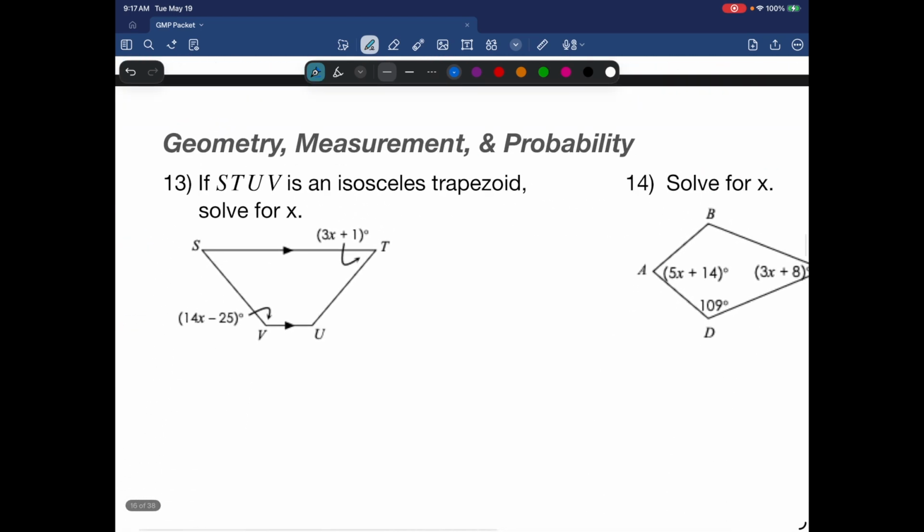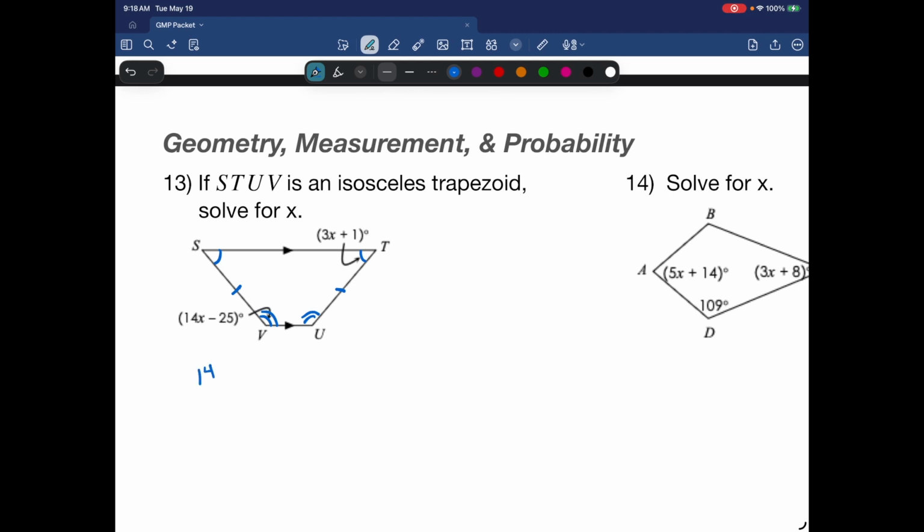All right, 13, you have an isosceles trapezoid. Okay, so when it's isosceles, that means these two sides right here are congruent, which means these two angles are congruent, and opposite angles are supplementary.